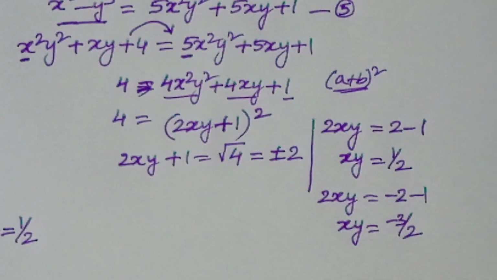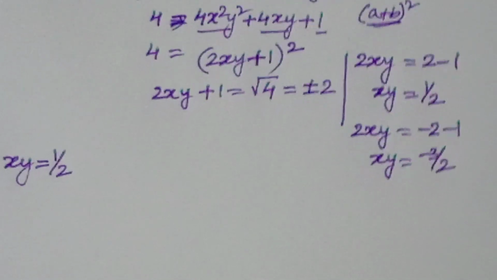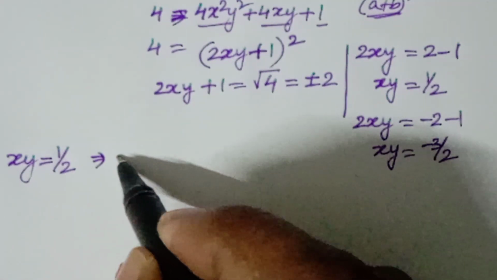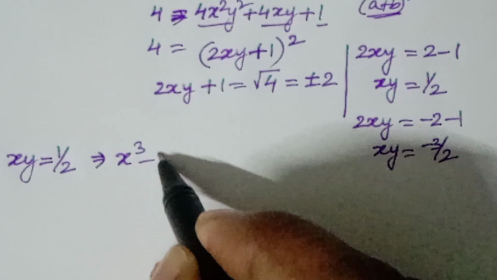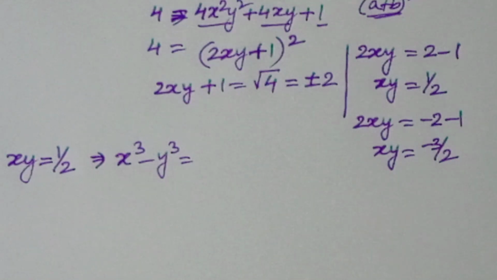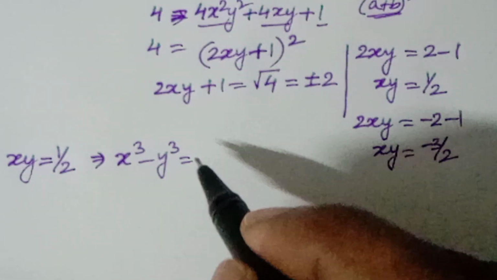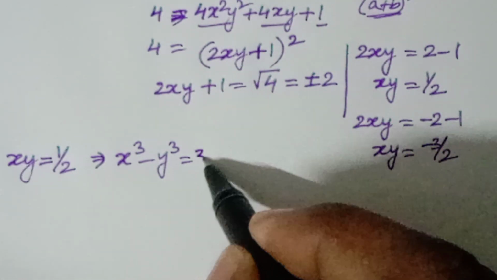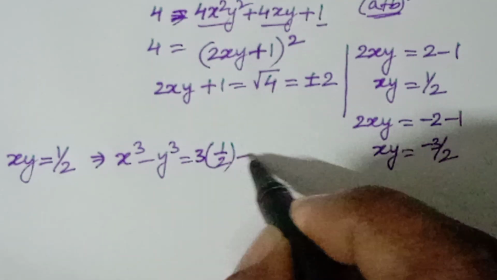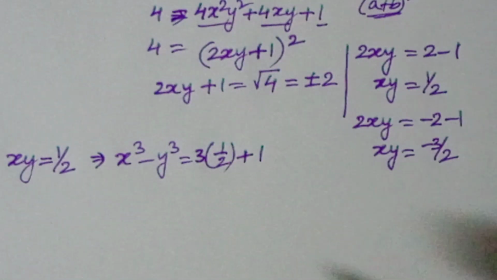So you have to find x power 9 y power 9. So what you have to get here, x cube minus y cube, you got 3xy plus 1 now. So 3xy plus 1 means xy value is 1 by 2 plus 1 from the fourth equation now.